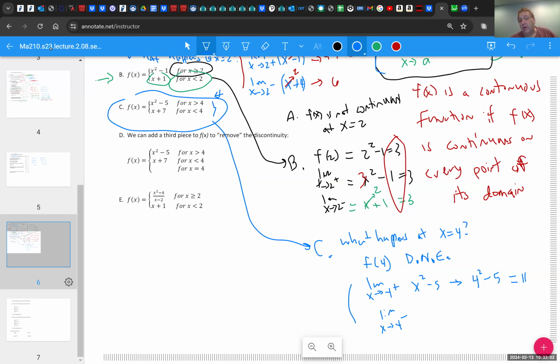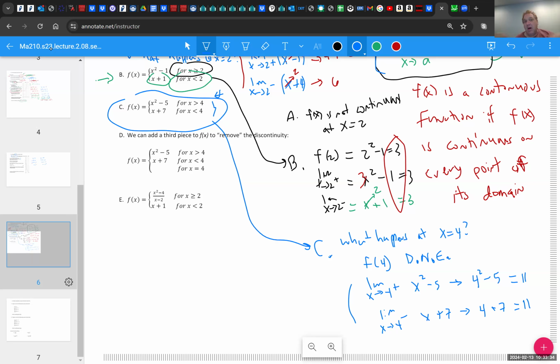For numbers that are smaller than 4, we'll use the bottom branch, so that's the x plus 7 branch. And when x is infinitesimally close to 4, 3.99999, it becomes indistinguishable from 4. So we get 4 plus 7, which is in fact equal to 11. So here we have the limit from the left and the limit from the right are both equal to 11, but it's not continuous at that point because the value of the function at 4 is not 11. In fact, it doesn't even exist.